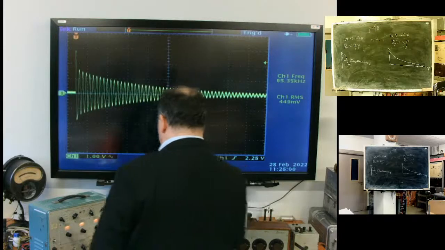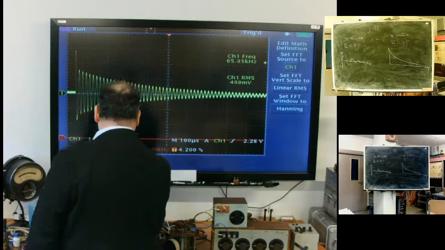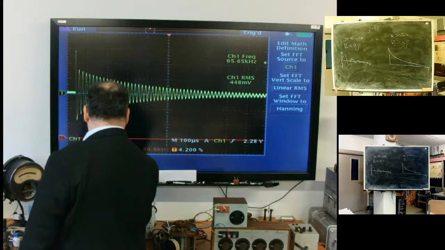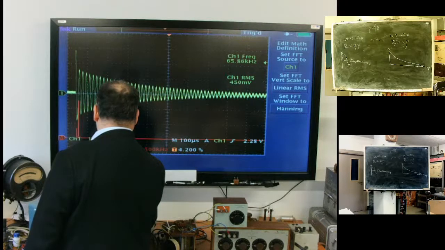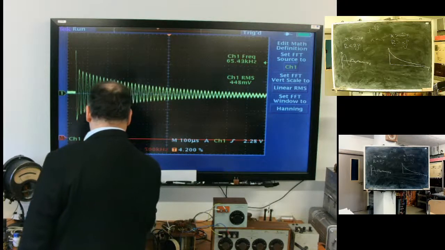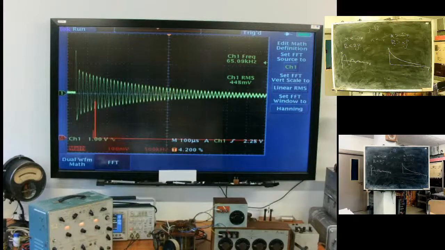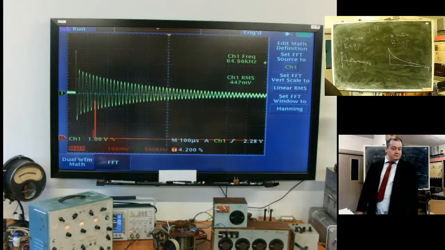Another thing I would like to show. I'll switch my scope to the frequency analyzer. Okay. Oh, here it is. My scope is now performing Fourier transform. See this red needle?